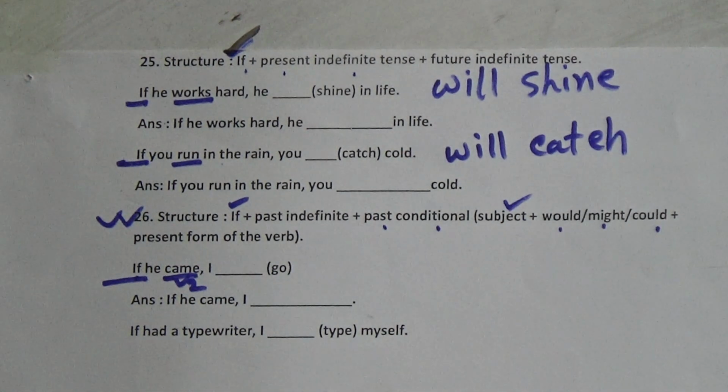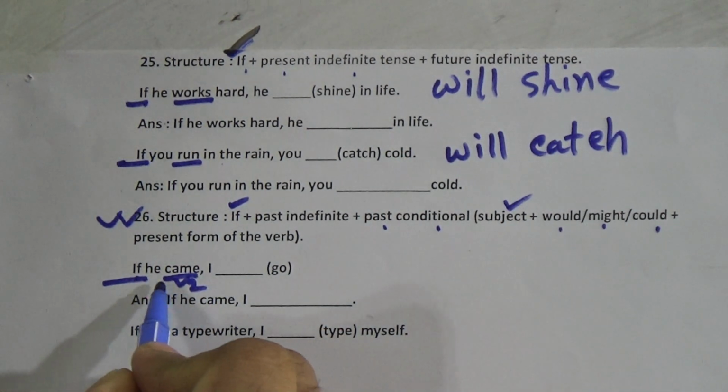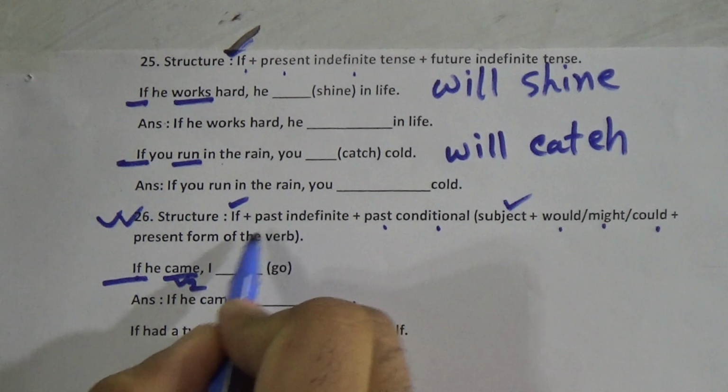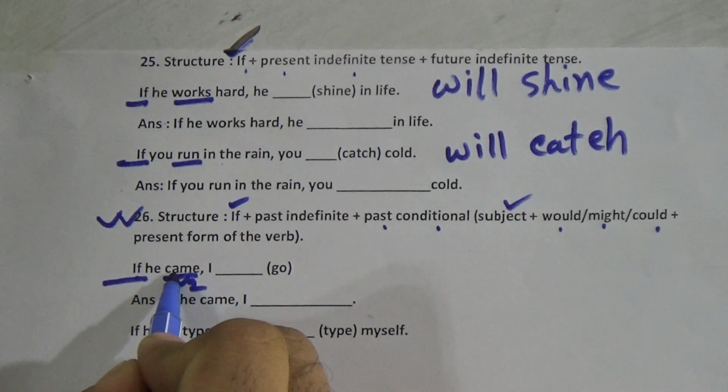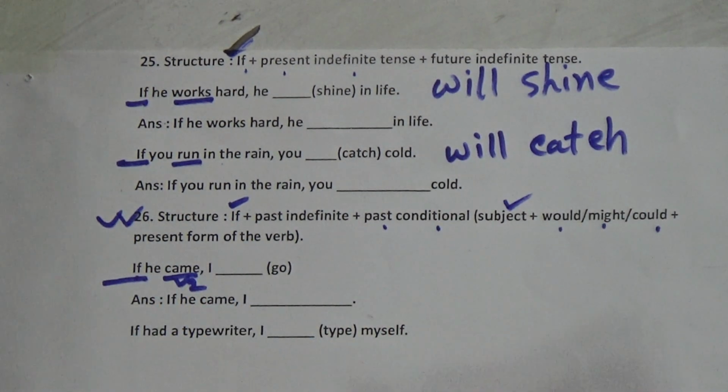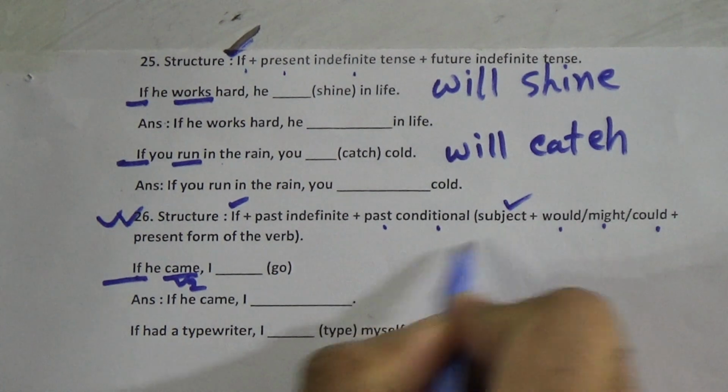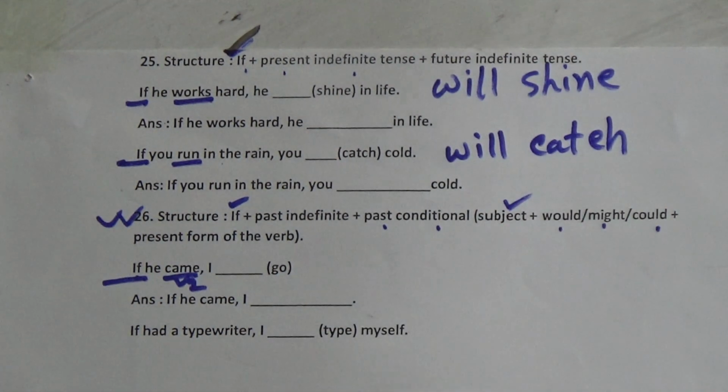If there is a past indefinite like come to came, then the next part will be past conditional. Past conditional means subject plus would, could, might plus verb 1.